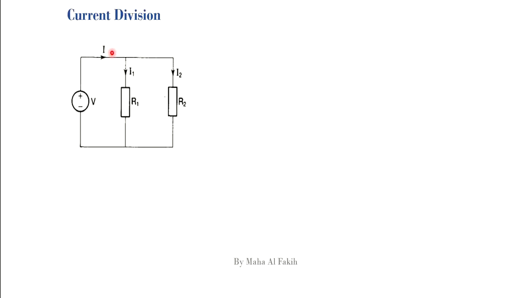This current I divides into I1 passing through R1 and I2 passing through R2. We know by Ohm's law that I1, the current through R1, is equal to V, the voltage across R1, divided by R1, the resistance of the resistor R1. Similarly, I2 is equal to V over R2.